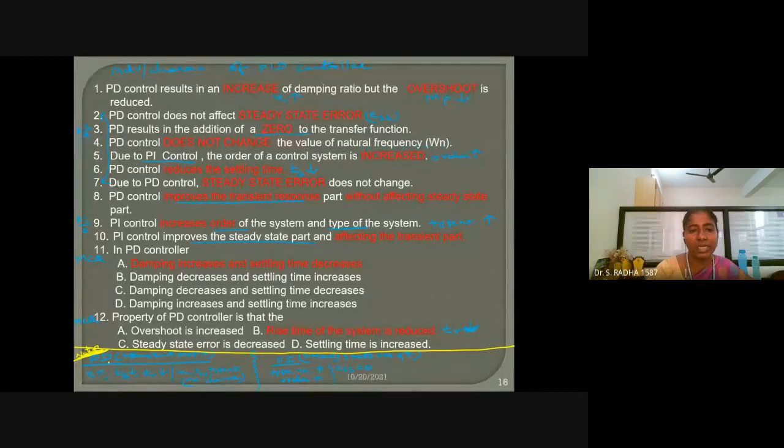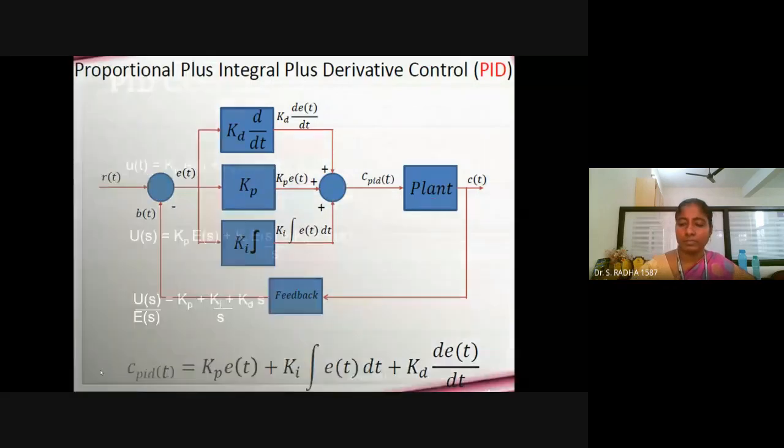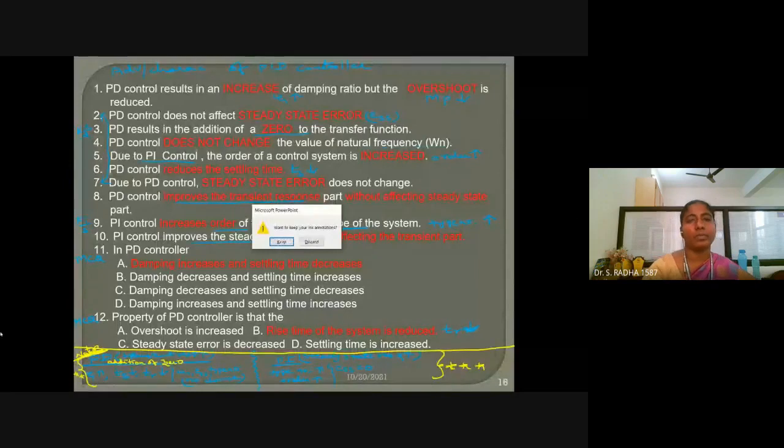PD controller means addition of 0; numerator S is present, so addition of 0. I think we didn't miss out any point. Whatever I have written at the bottom, you can remember for the MCQ point. In short, I have written symbols so it will be easy to remember. This is about the PID controller, the advantages of PID controller.